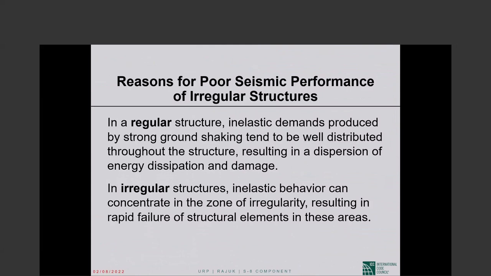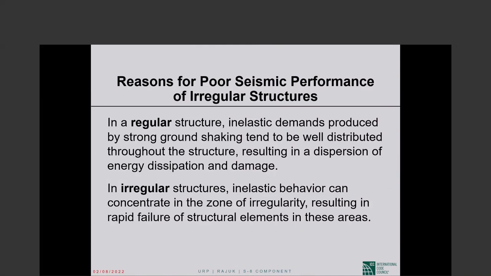In a regular structure, inelastic demands produced by strong ground shaking tend to be well distributed throughout the structure, resulting in a dispersion of energy dissipation and damage. That is a very key thing to understand.